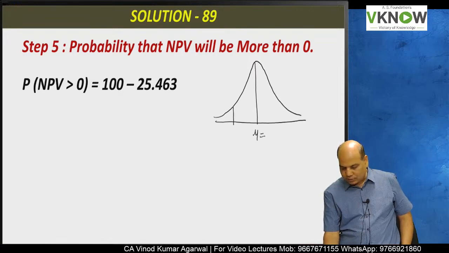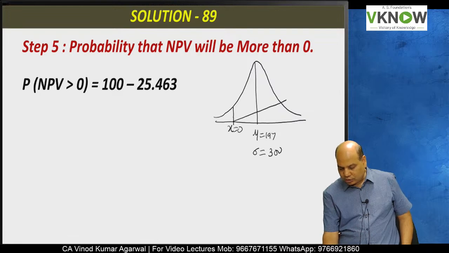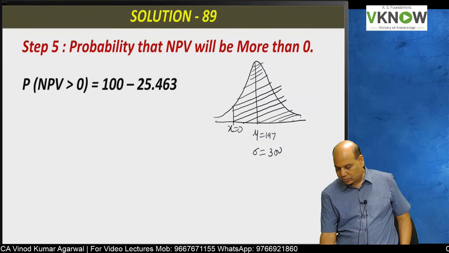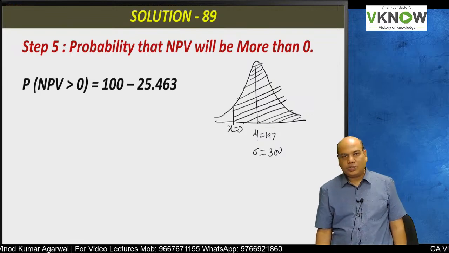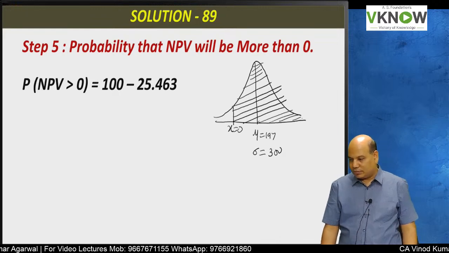We have mean here 197, we have standard deviation 300, x is 0, we want more than 0. This is the area for which I am trying to find probability.